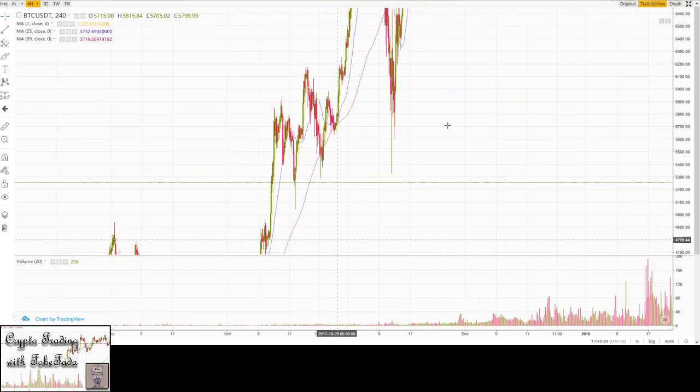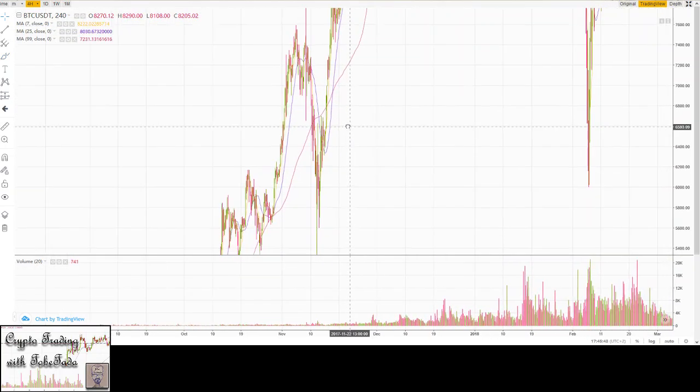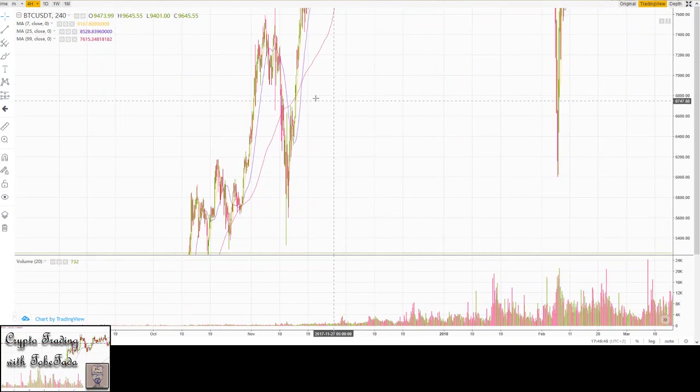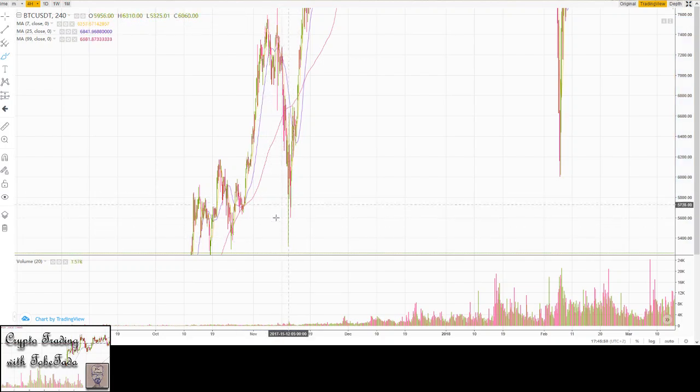And this is also visible if we go further up here. This is very, very visible here, of course. When you look at this very large gain here and a very, very large loss here, going back down further from where it started.